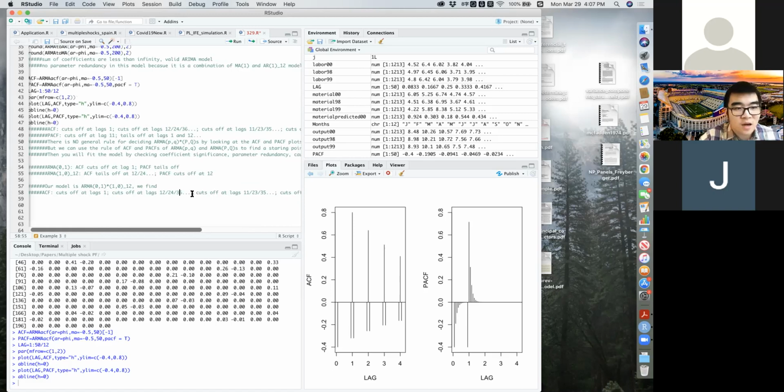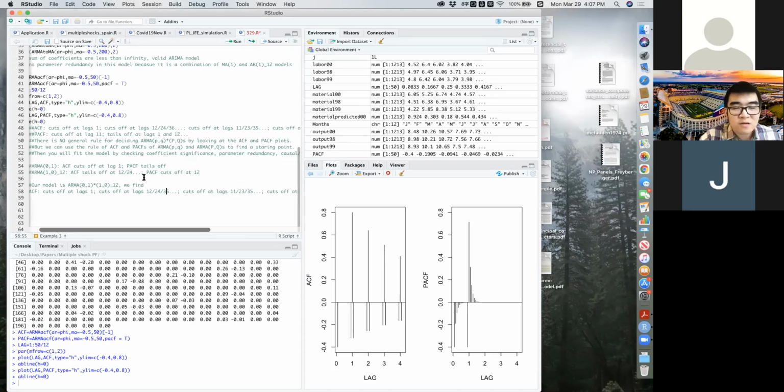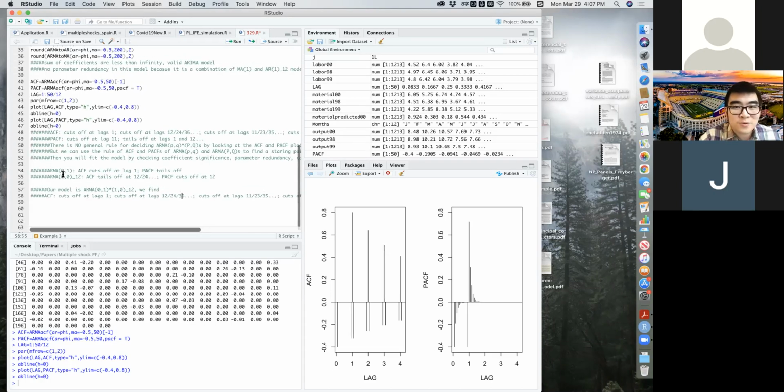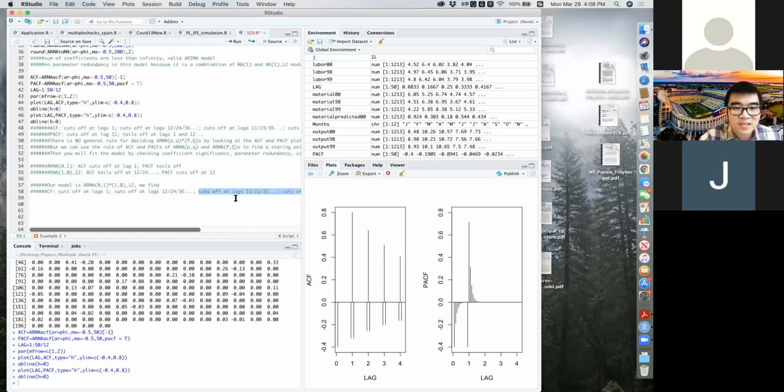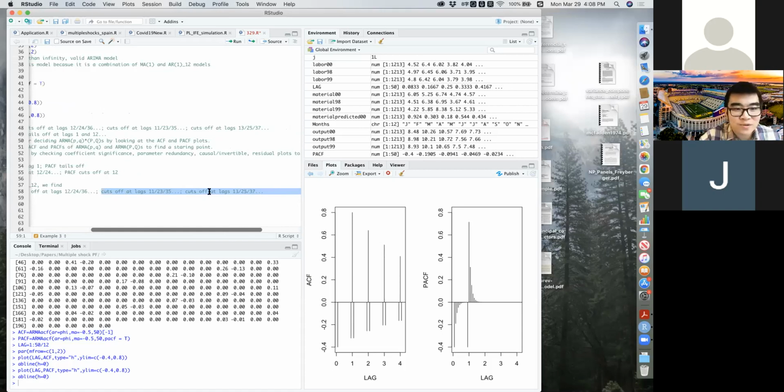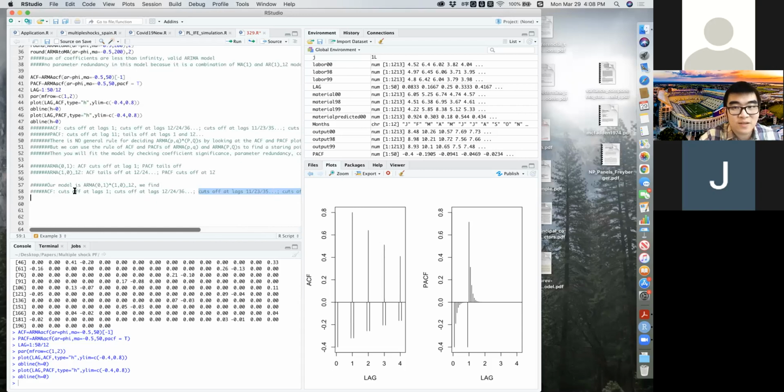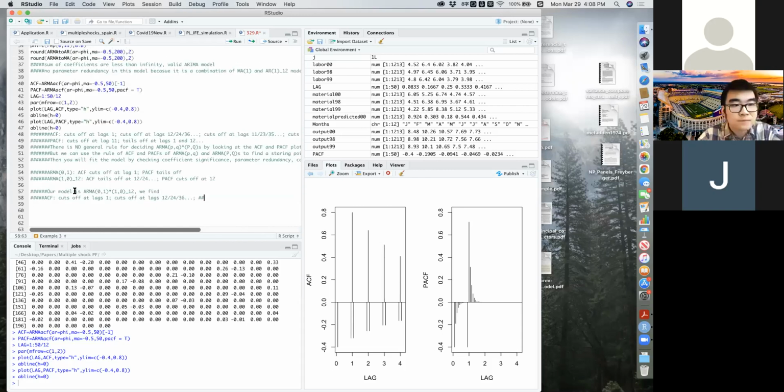However, the pure MA(1) and pure seasonal model do not capture the cutoff at lags 11, 23, 35, and the cutoff at lags 13, 25, 37.